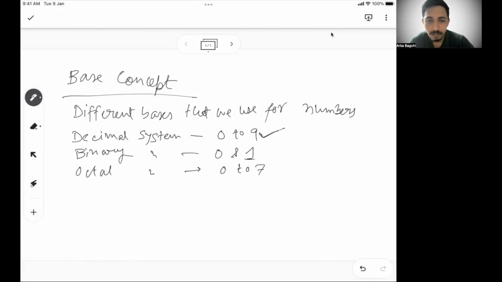But there will be certain problems specifically on base concepts. How you understand changing bases is a very lucrative area for CAT. We have seen historically 1 or 2 questions coming out of that area. So let's dive in a little more and understand these base concepts, how to convert from decimal to binary, binary to octal and others.